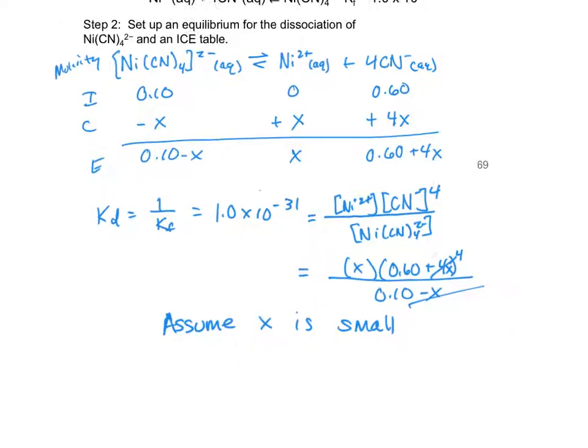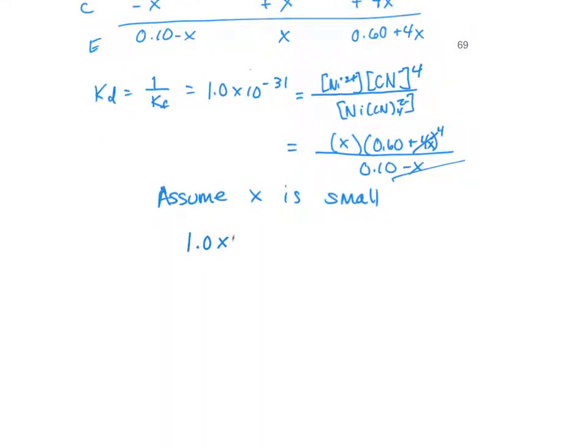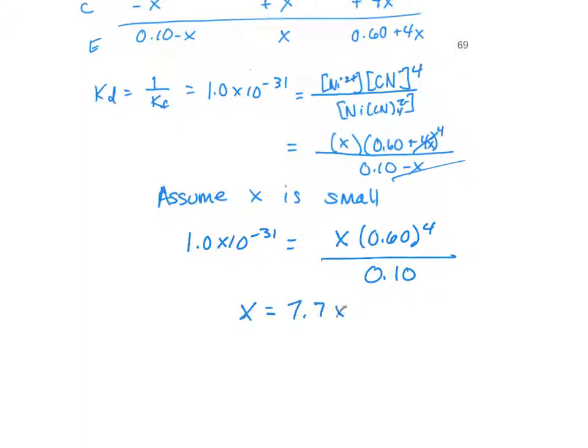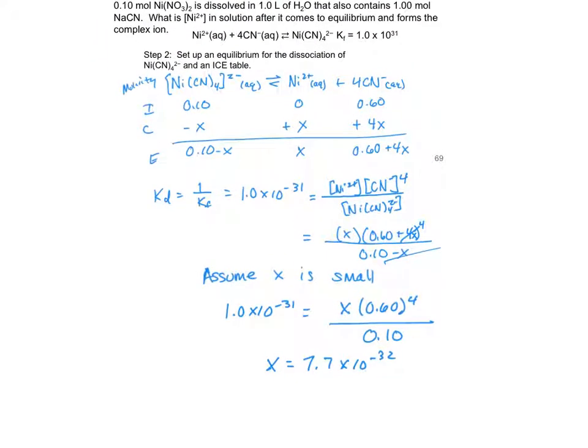So now we're left with 1 times 10 to the minus 31 is equal to X times 0.6 raised to the 4th divided by 0.1. And what we end up with is X equal to 7.7 times 10 to the minus 32. Really, really small. That's going to be the concentration of nickel 2+.